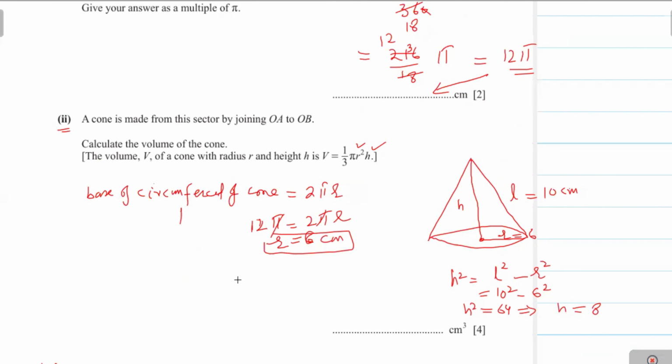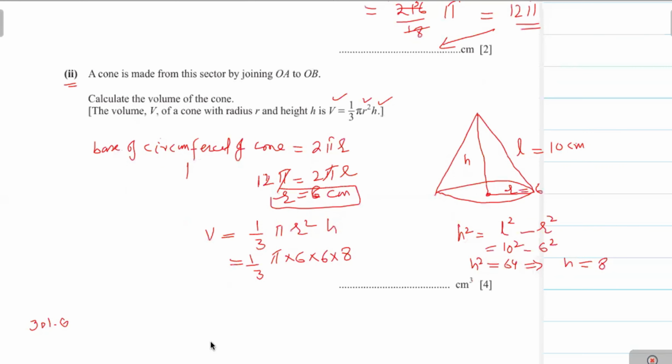We substitute the values in this formula. V equals 1 over 3 pi r squared h. Here radius is 6. We can write 6 multiplied by 6. Height is 8. Now we simplify this.